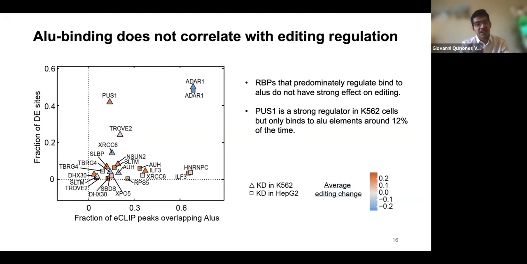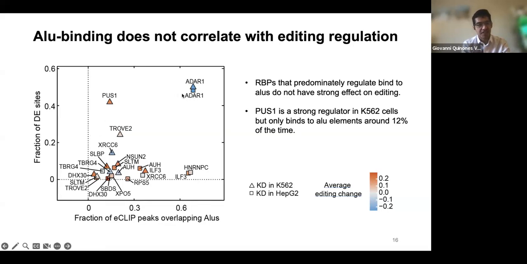What we find is that when you look at the fraction of eCLIP peaks or binding sites that overlap Alus, and the fraction of sites that are differentially edited, we actually see a very poor, almost non-correlation.